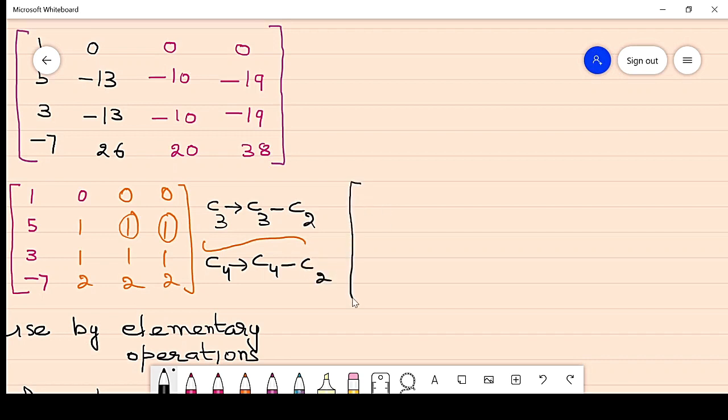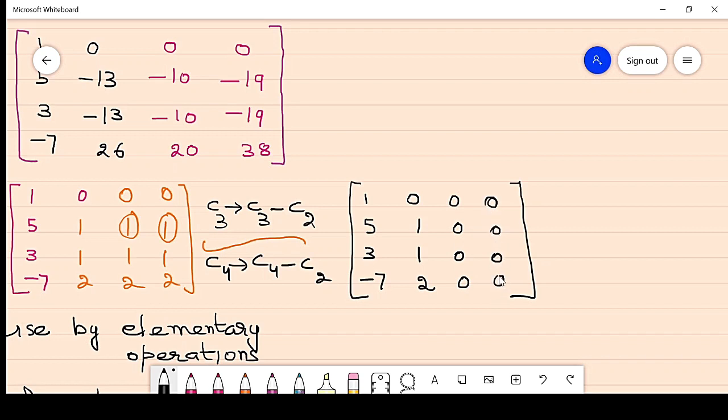So this matrix converts into: first column 1, 5, 3, -7; second column 0, 1, 1, 2; third column 0, 0, 0, 0; fourth column 0, 0, 0, 0.